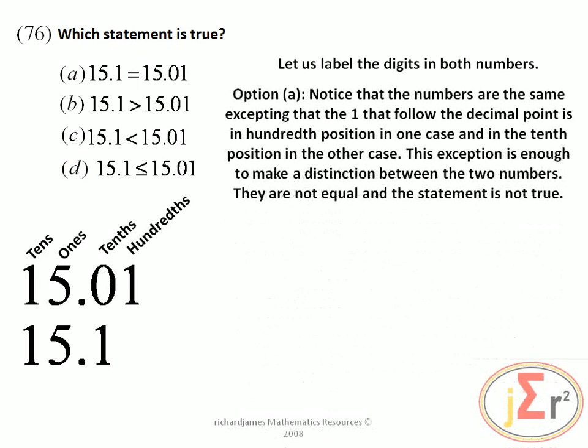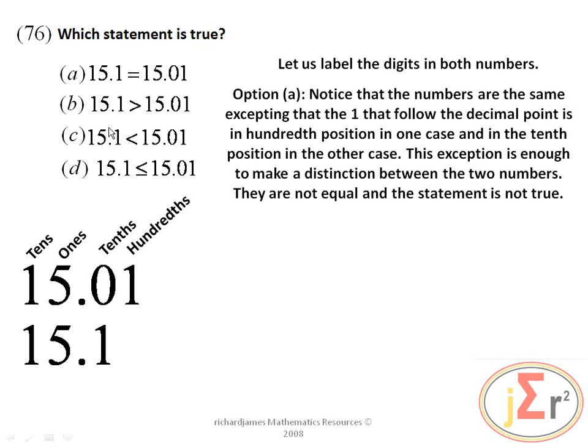Option A, we are going to be taking a look at option A. Notice that the numbers are the same, except that the 1 that follows the decimal point is in the hundredths position in one case and in the tenths position in the other case. This exception is enough to make a distinction between the two numbers. They are not equal and the statement is not true.